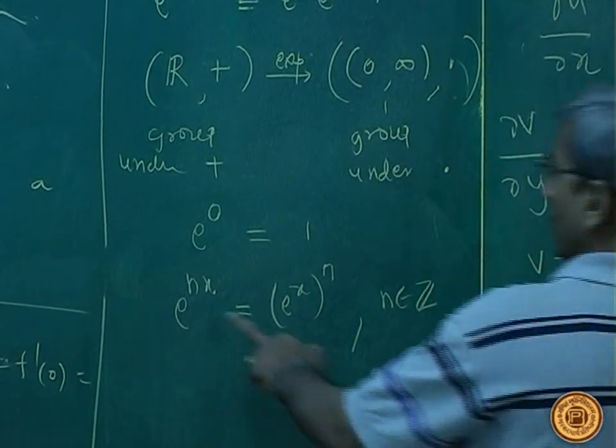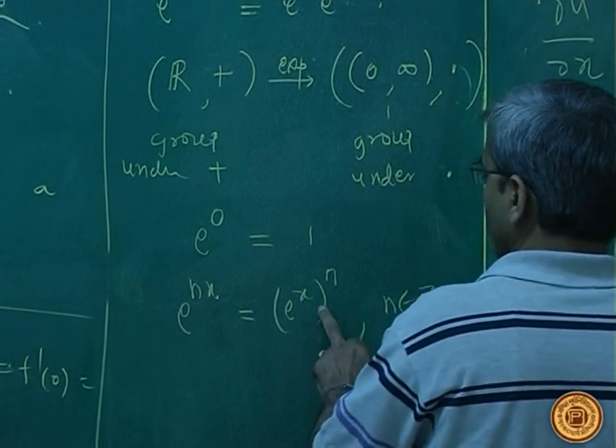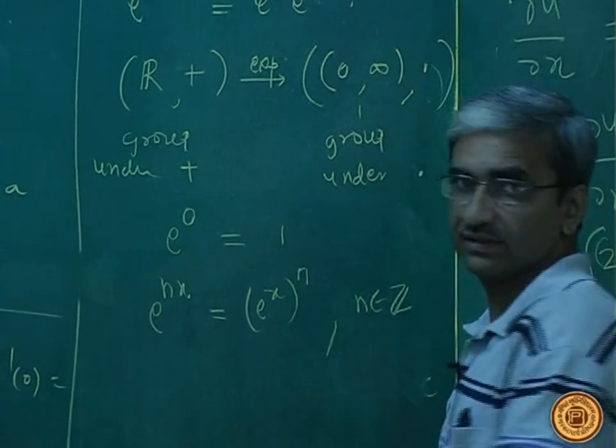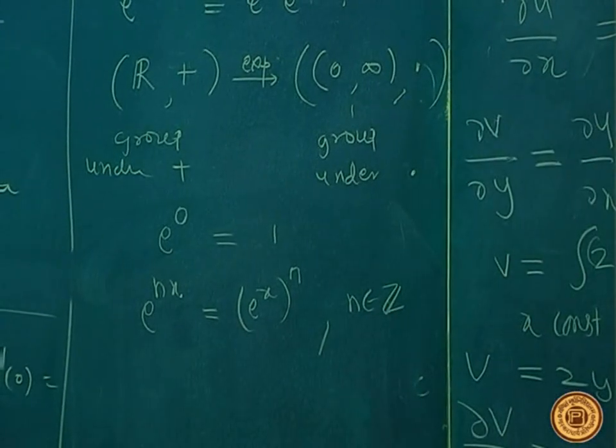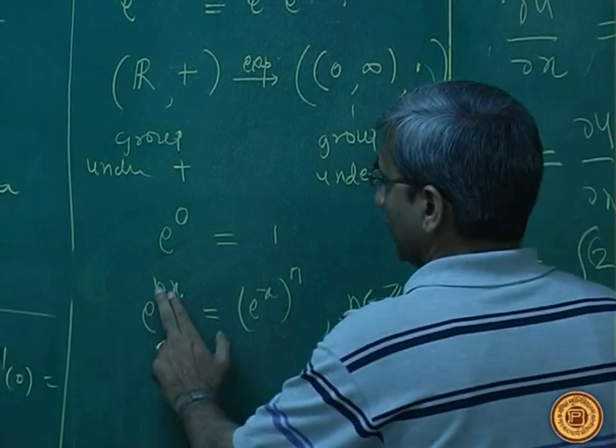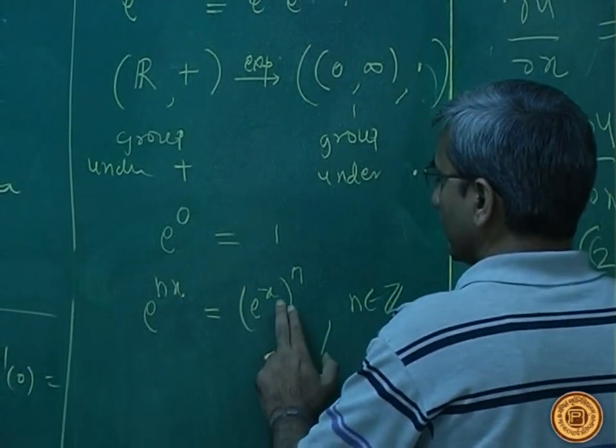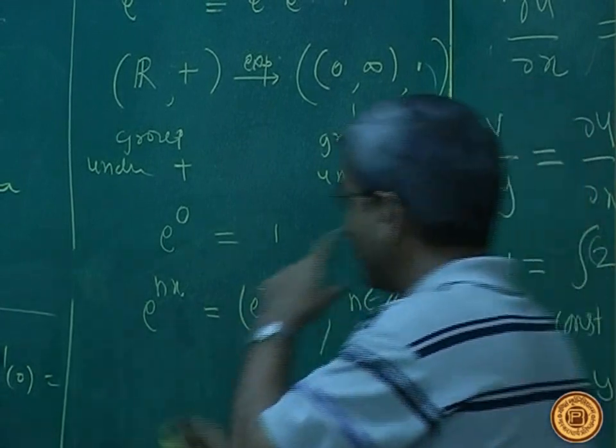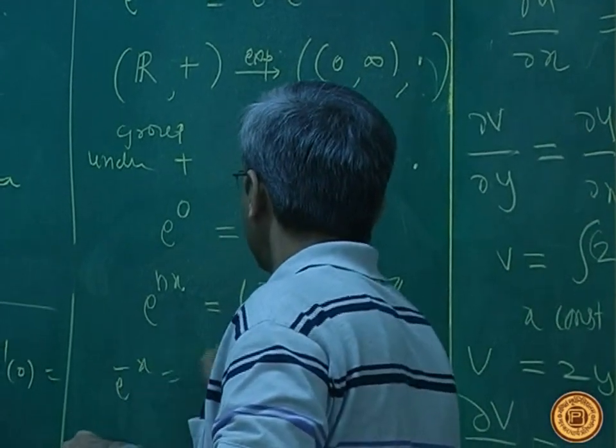So e to the power minus x is e to the power x raised to minus 1, that is 1 over e raised to x. Okay, like that it is. e to the power minus 2x is e to the power x raised to minus 2, that is 1 over e to the power 2x. So in particular e to the power minus x is 1 over e raised to x.